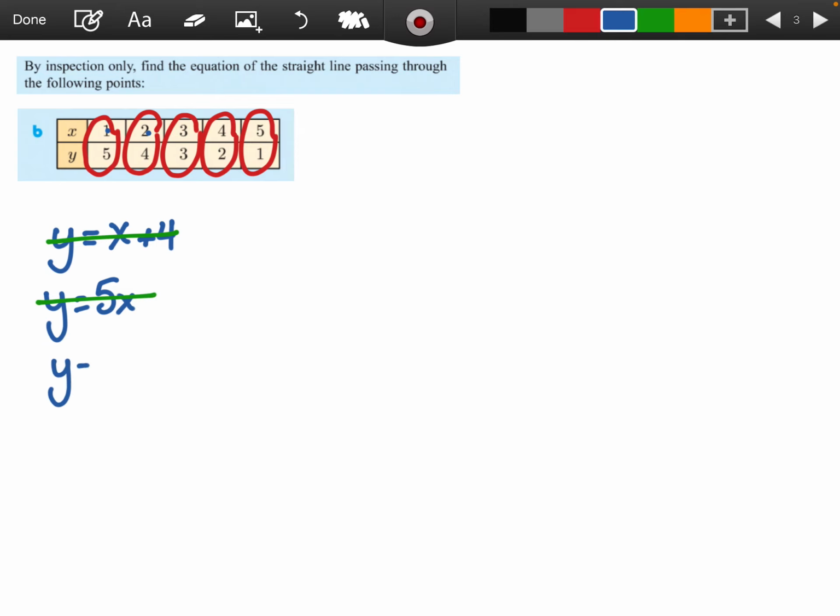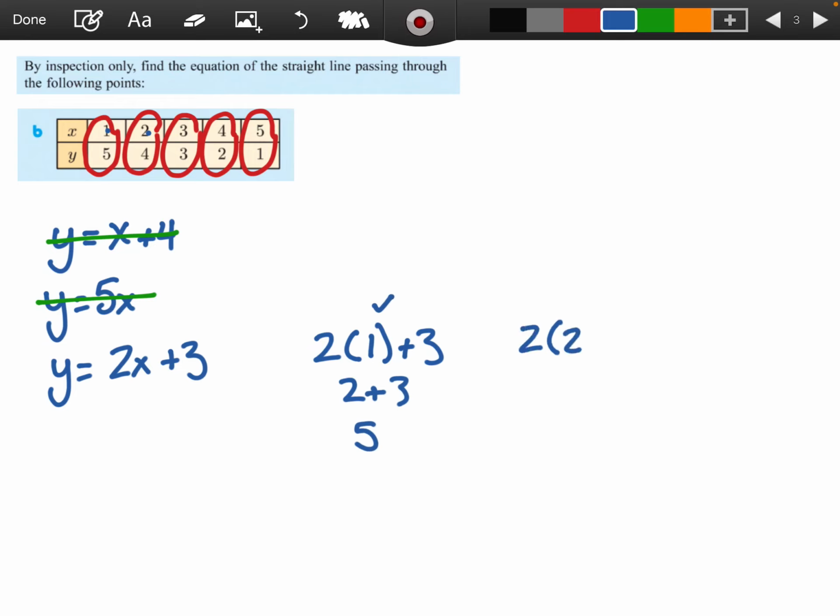So that's out. So what else could I do? Maybe I could multiply by 2 and then add 3. So I would have 2 times 1 plus 3, so 2 plus 3 equals 5. So it works for the first one. But then if I put in 2 times 2 plus 3, that gives me 4 plus 3, which gives me 7, which is not the 4 that I need.